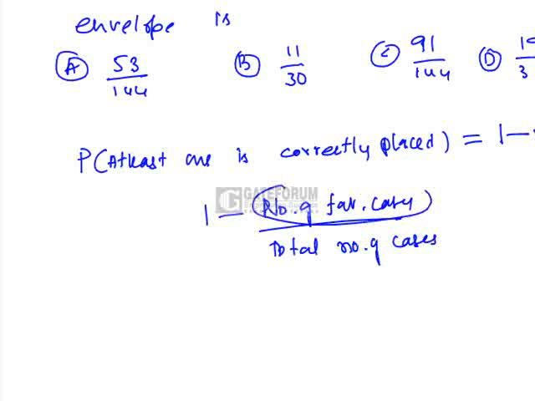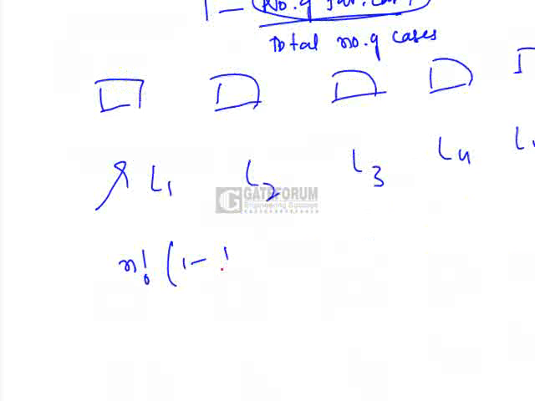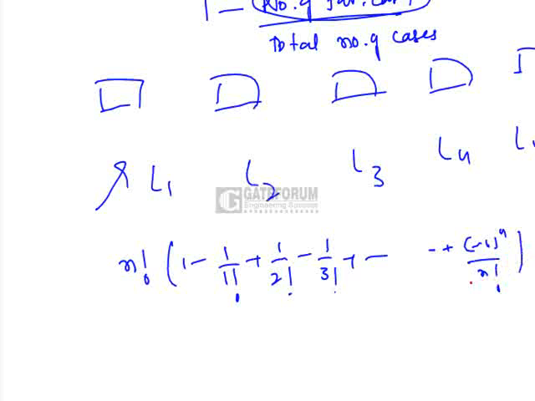Now, let us look into the number of favorable cases. There are 5 envelopes and we have to place 5 letters such that no letter is in the correct place. So it is nothing but derangements. We know the formula for derangements: derangements of n things can be done in n factorial times (1 minus 1 by 1 factorial plus 1 by 2 factorial minus 1 by 3 factorial plus and so on up to minus 1 power n by n factorial).